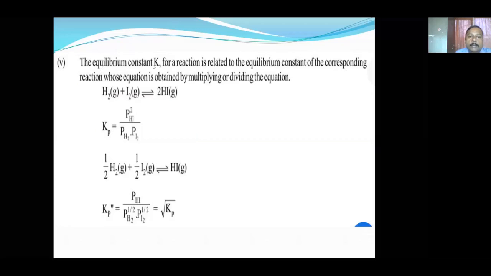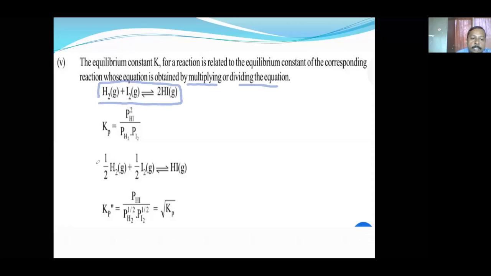Next, the equilibrium constant K for a reaction is related to the equilibrium constant corresponding to an equation obtained by multiplying or dividing the equation. So this is a simple equation.